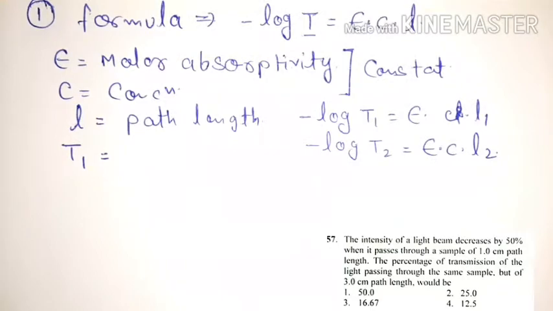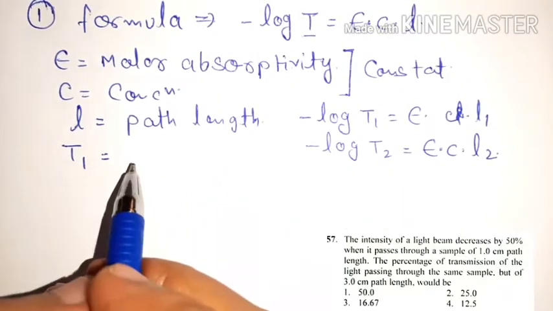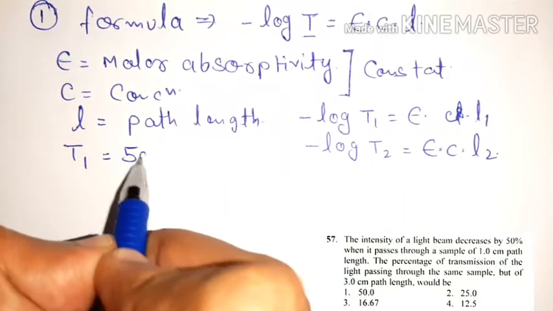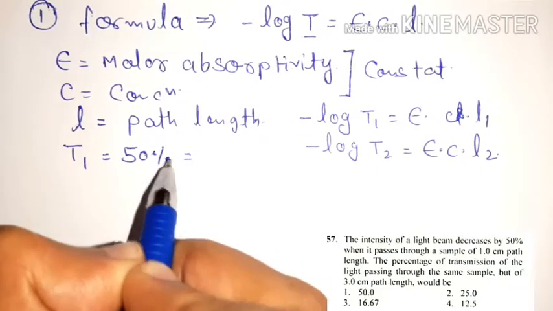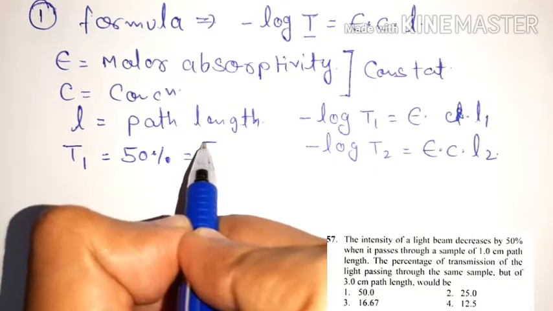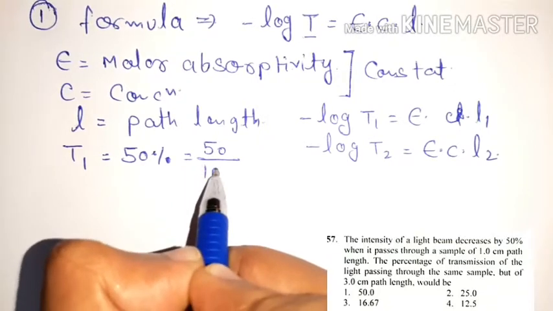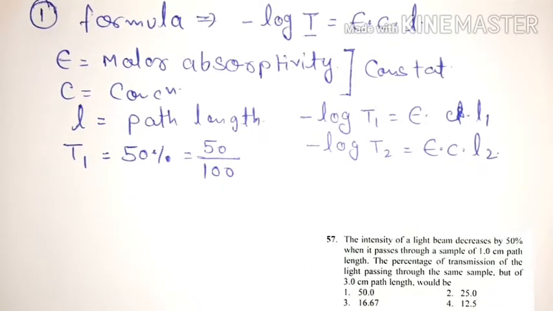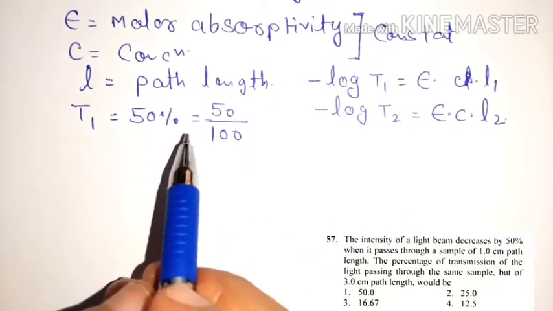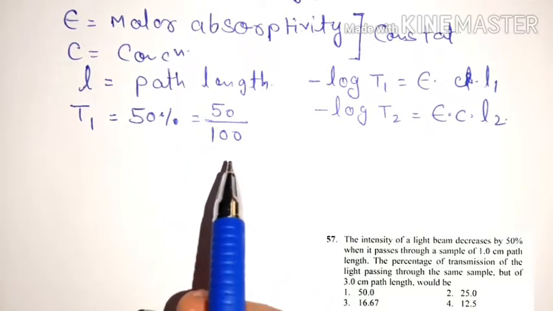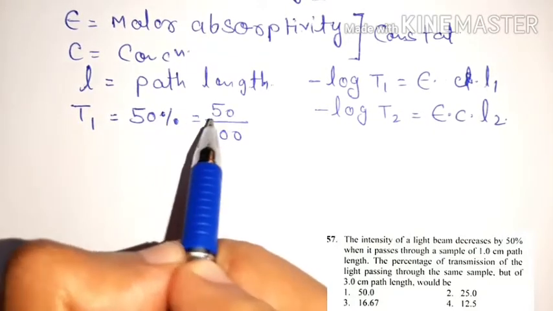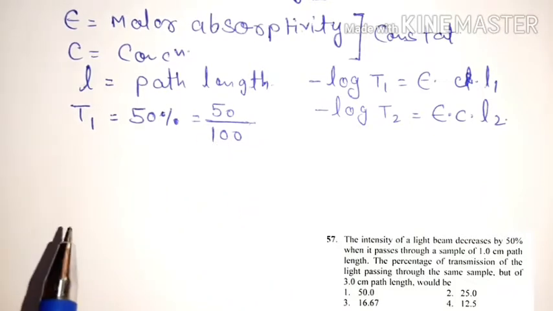Okay, this is the whole formula. Now we have T1, that is 50%. So this is in percent, and percent means 50 by 100. Understand? So we can convert percent into integer, and when we convert the percentage into an integer, it will be divided by 100.